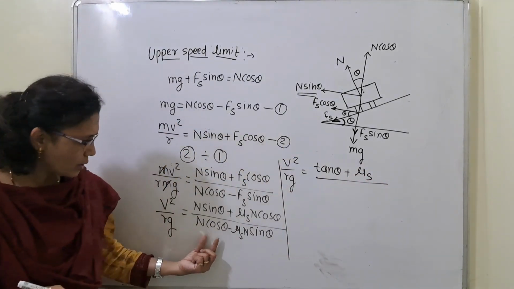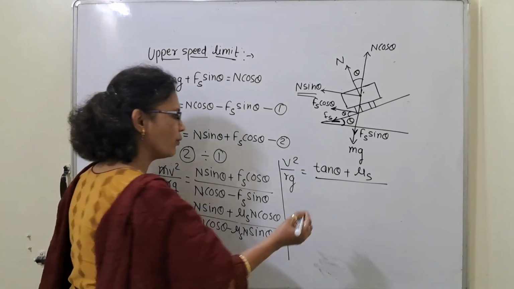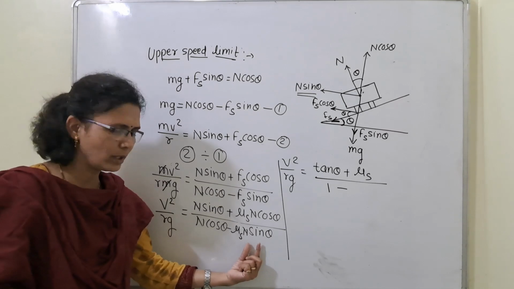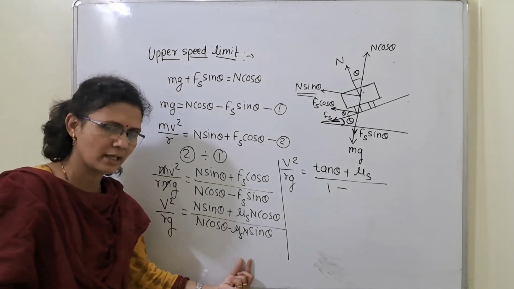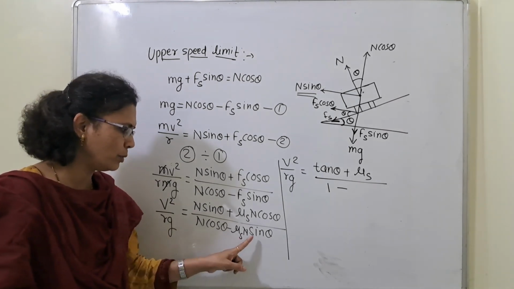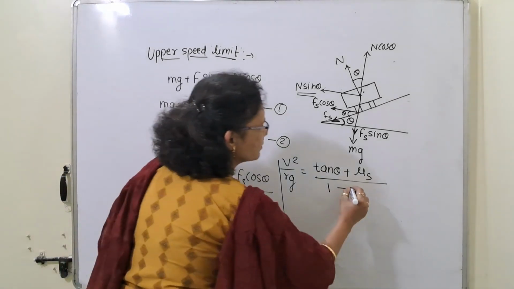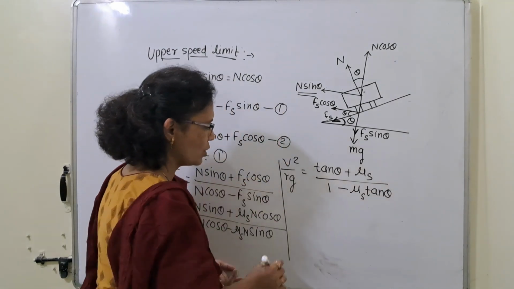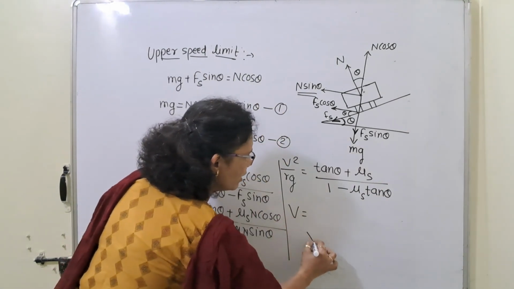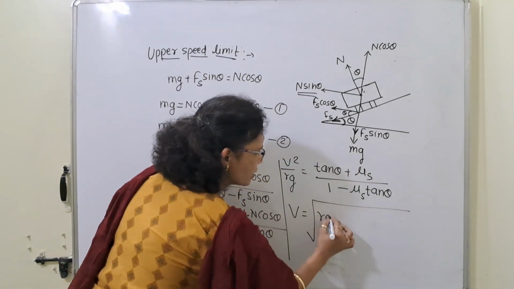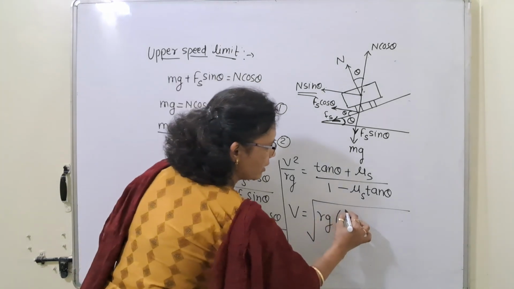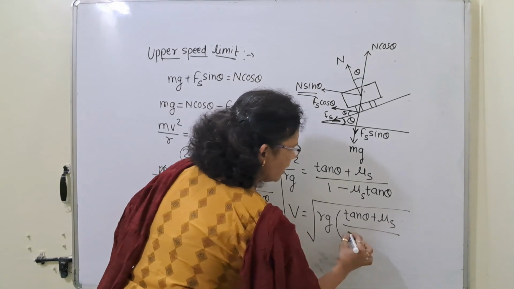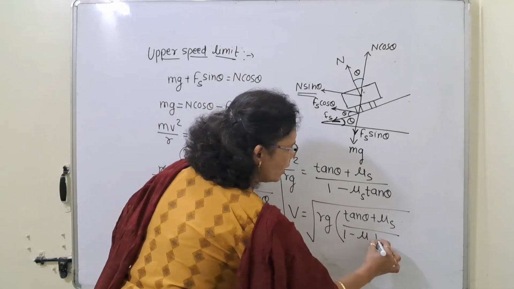Now N cos theta upon N cos theta, that will be 1, minus mu s N sin theta upon N cos theta, N will get cancelled and only the remaining term will be mu s tan theta. So what will be v? v will be under root rg in bracket tan theta plus mu s divided by 1 minus mu s tan theta.